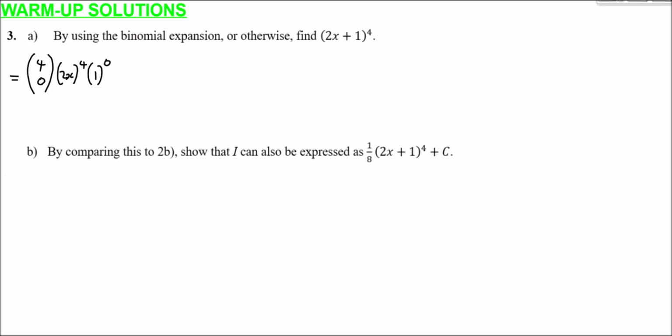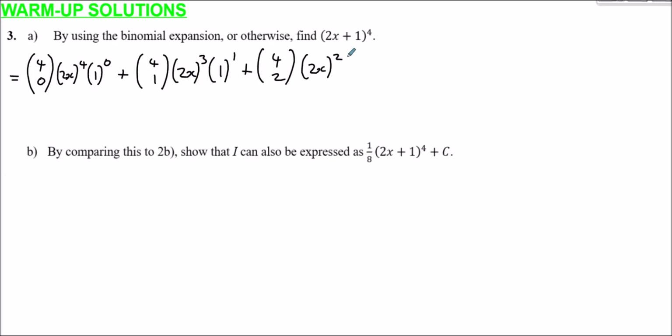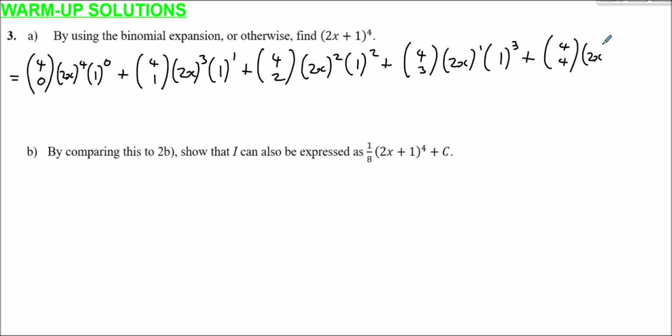So then plus 4 choose 1, (2x) cubed now, and then the 1 will be to the power 1. 4 choose 2, then (2x) squared, 1 squared, and 4 choose 3, (2x) to the power now only 1, and then 1 cubed, and finally 4 choose 4, (2x) to the 0, 1 to the power 4.